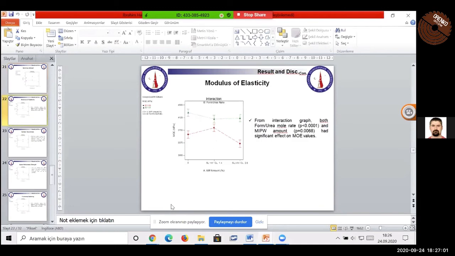And modulus of elasticity: from the interaction graph, both formaldehyde and urea mole ratio and the MIP waste amount had a significant effect on modulus of elasticity values, and the 1.25 mol resin groups provided better modulus of elasticity values than 1 mol resin groups. Moreover, all manufactured groups reached the standard values. It's about 1,600 megapascals.